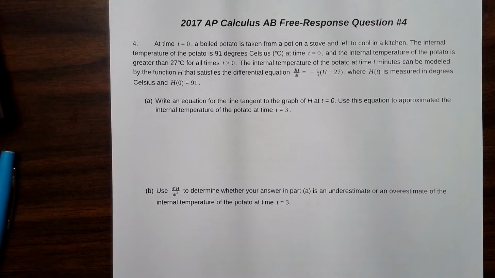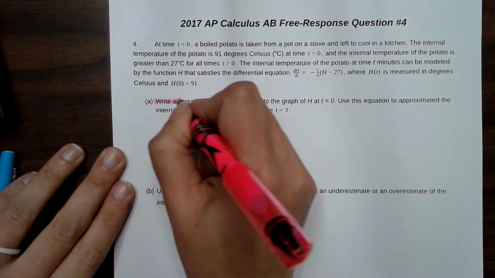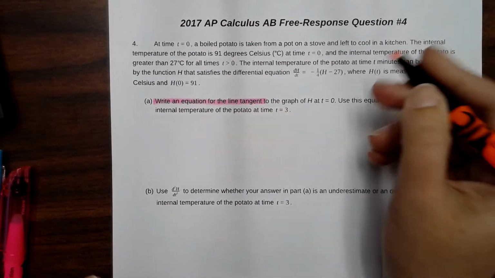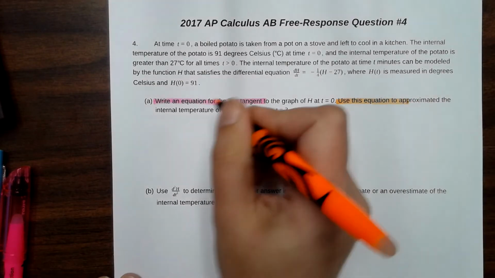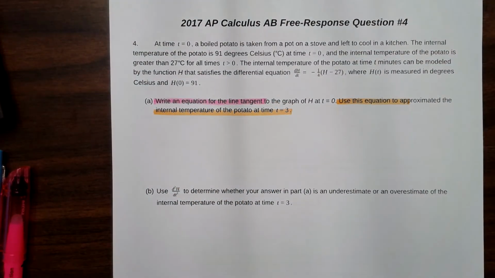Use this equation to approximate the internal temperature of the potato at t equals 3. This should remind you a lot of part B in the previous question. There are two parts to this question. Write the equation for the tangent line, and separately, use this equation to approximate the temperature at 3. So that means we're going to do this in 2 steps.